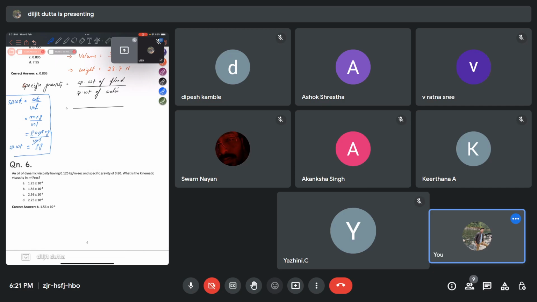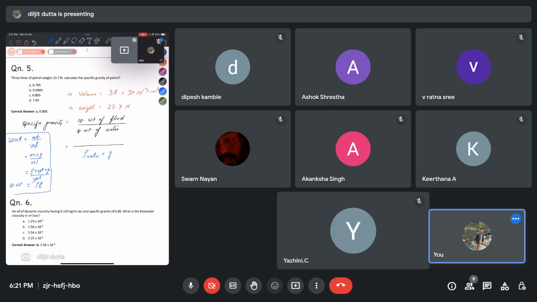So now, what is the specific weight of water? It is rho water into g, over the specific weight of the petrol, that is rho petrol into g. So we can cancel g with g, right?